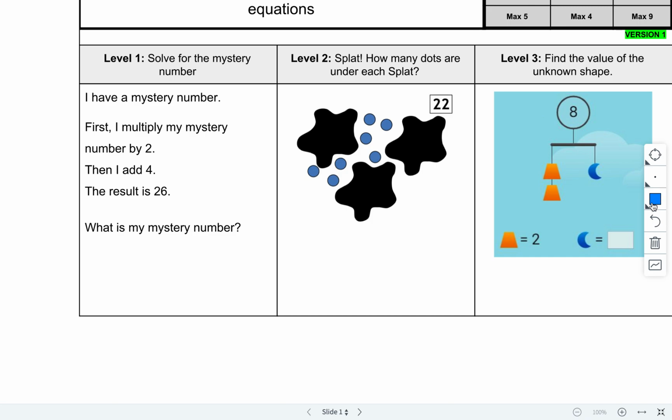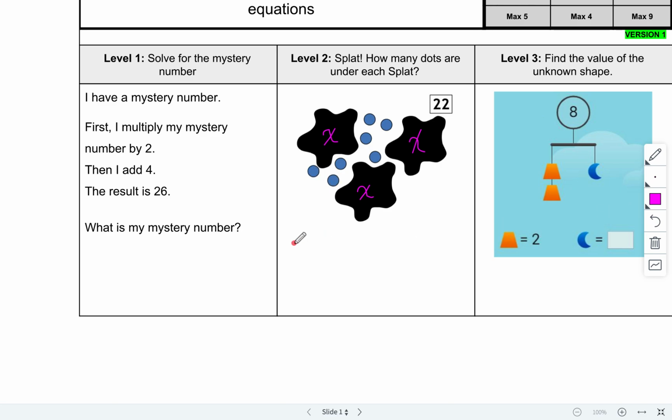Another word for mystery number we've said before over here is a variable. So we can say that each splat is a variable on here. And then we do have a certain number of dots that are visible to us.